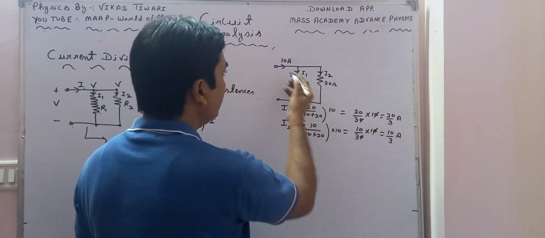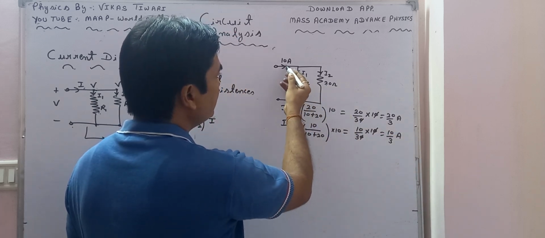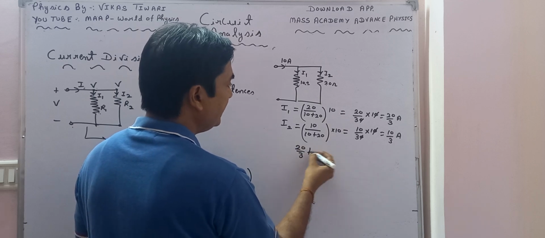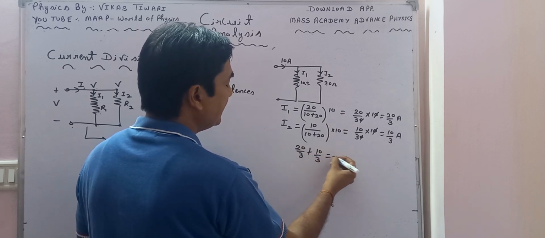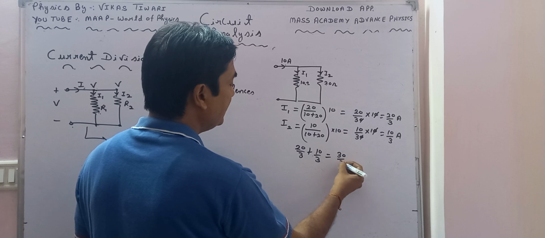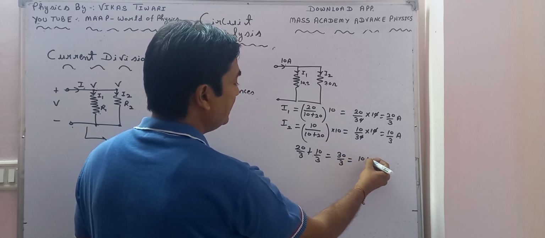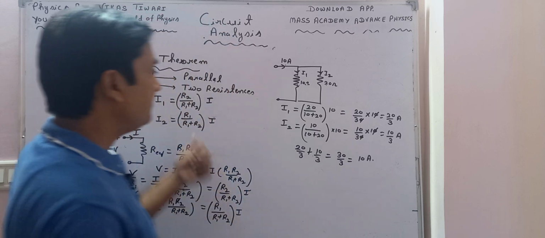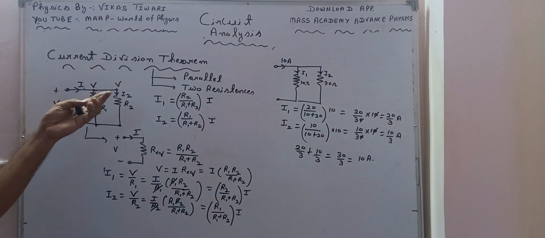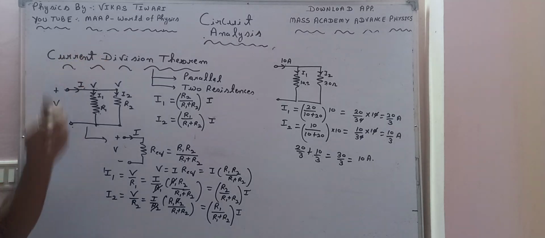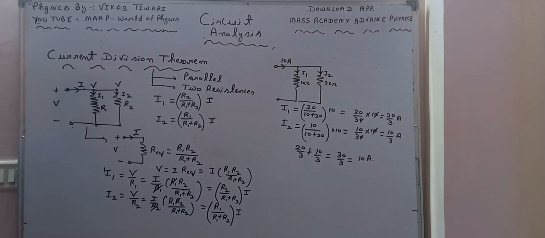We also know that the sum of these two currents is equal to 10 ampere. To verify, 20 by 3 plus 10 by 3 is equal to 30 by 3, which is equal to 10 ampere. So this is the justification, or application, of the current division theorem.